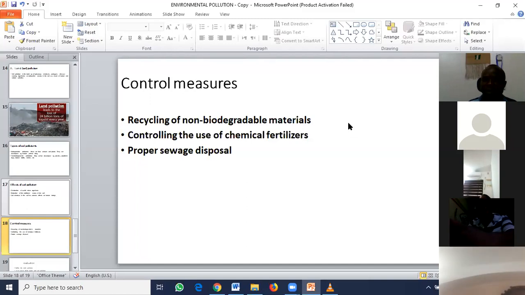So you avoid excessive use of chemical fertilizer. Then you practice proper sewage disposal. You don't just dump your refuse anywhere, not inside water. And when you want to put them on the soil, not where animals or women can easily have contact with them.